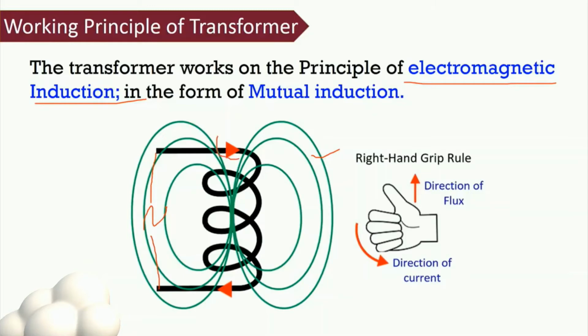When current flows through a coil, it produces a magnetic field. That is what is called electromagnetic induction. The phenomenon says that if we supply alternating current across the coil, then an alternating flux is induced across the coil. The magnitude of the flux is directly proportional to the current in the coil.